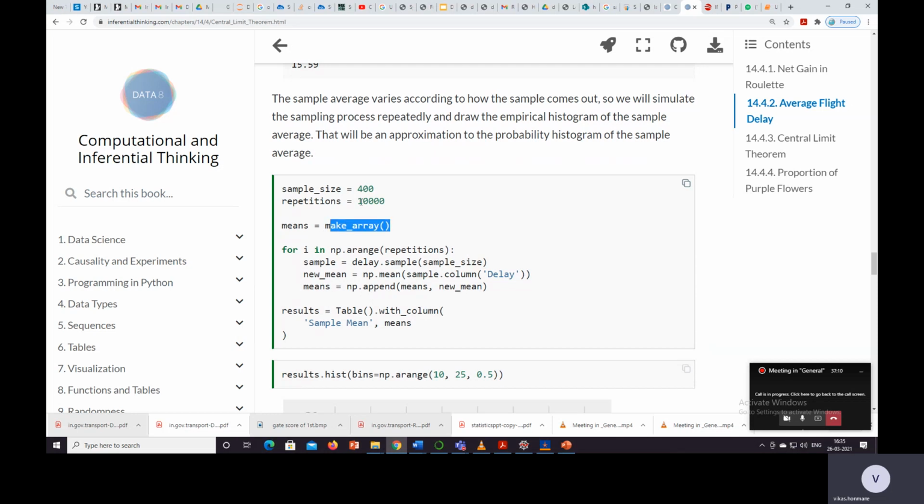Once we run the loop 10,000 times, we get 10,000 different samples and 10,000 sample means. After running the loop we put that array of sample means into the table with the column sample mean.